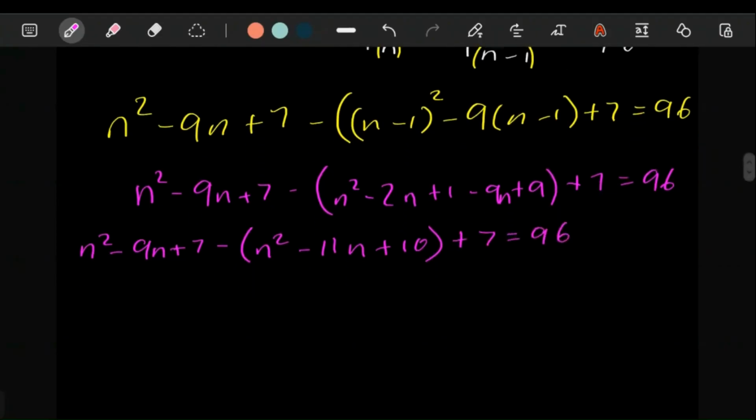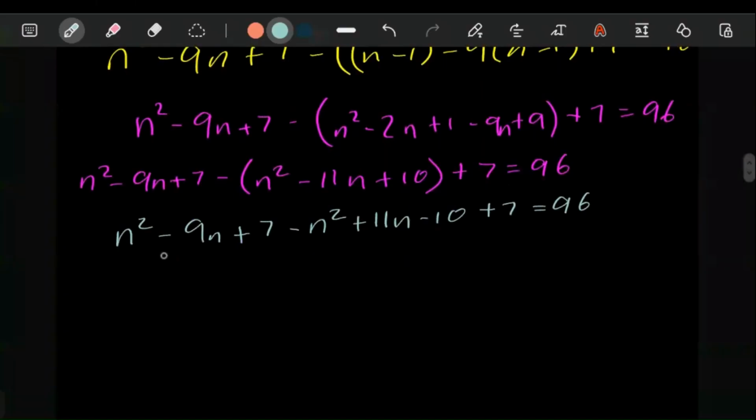And then let's see what you got here. And n squared, negative 2n, negative 2n, plus 1 plus 1. Okay, perfect. So here you have n squared minus 9n plus 7. If you multiply inside, you have like negative n squared plus 11n minus 10 plus 7 equal to 96.